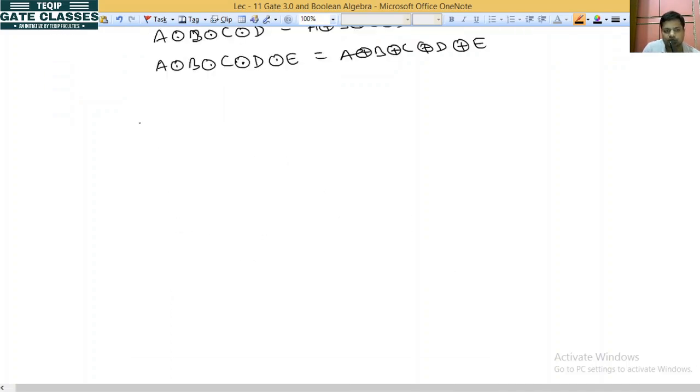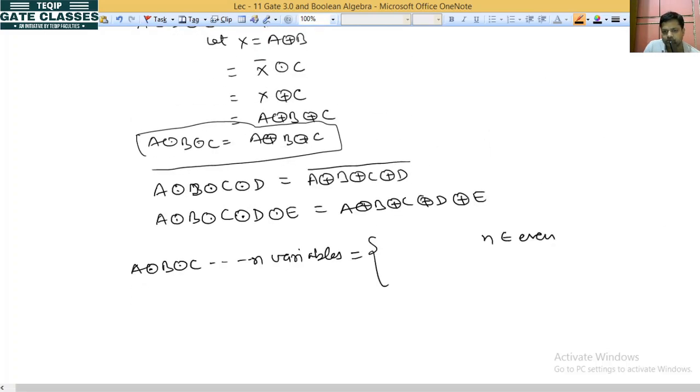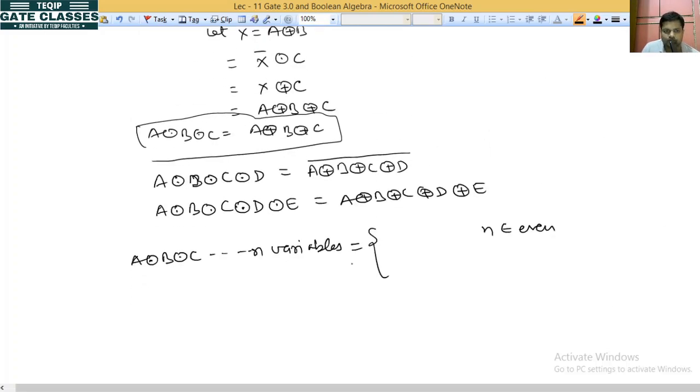The formula is, suppose n variables are there. If n belongs to even number, means this one, 1 2 3 4, so how many variables are there? 4 variables.